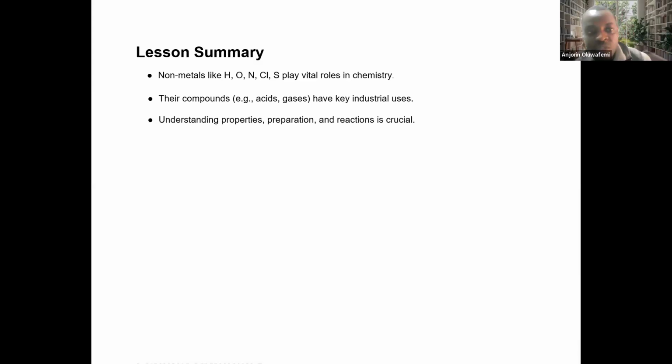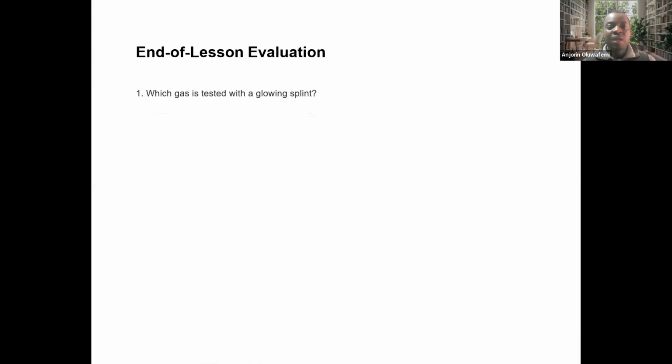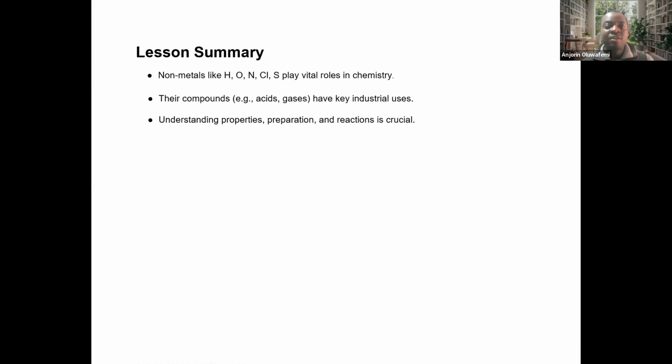Understanding properties and preparation reactions is crucial, and that's why we looked at, one after the other, the preparation, properties, and uses, as the case may be. So with that, we have come to the end of this lesson. If you have a question or a portion of the lesson that is not so clear, please put your questions in the comment section.